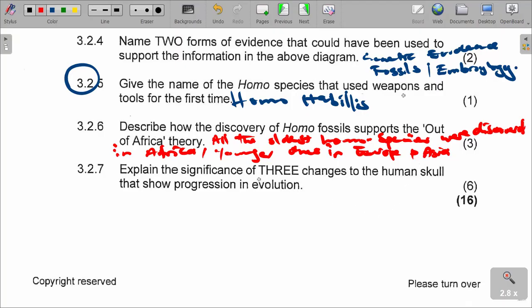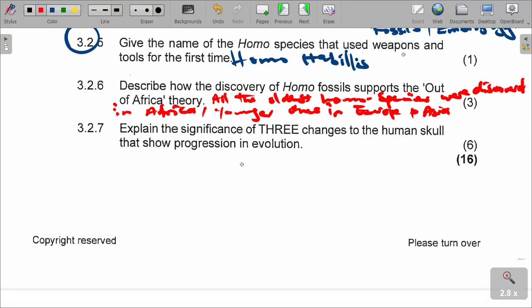Explain the significance of three changes of this human skull that shows progression in evolution. We can talk about the significance. One, cranial capacity.